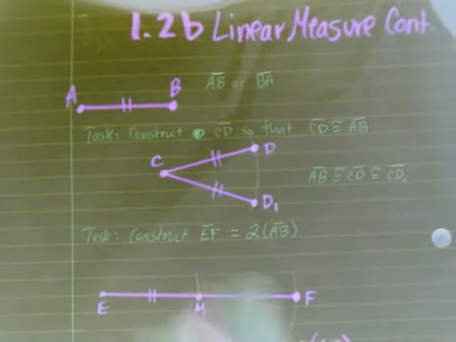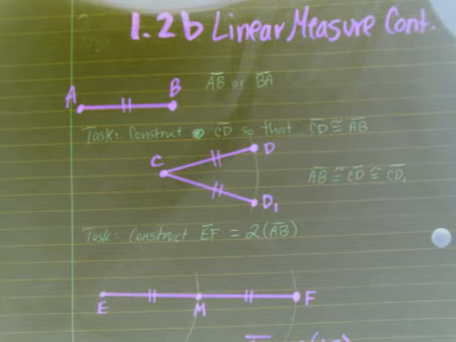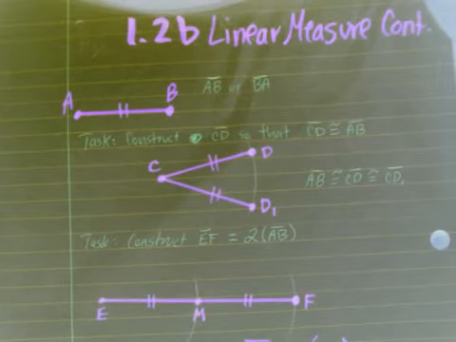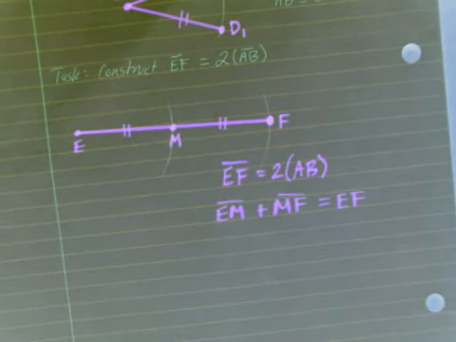Furthermore, we know that little part plus little part equals the whole, so another equation that you could write is EM plus MF equals EF.